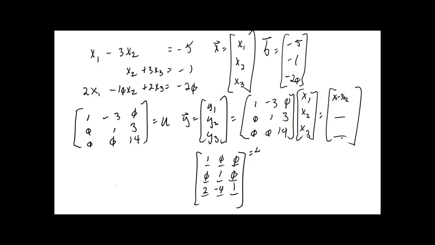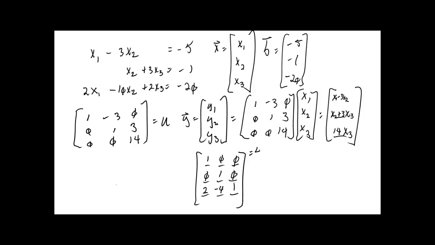I don't need any more room. Second entry is x2 plus 3x3. And the third entry is 14x3. Okay. Now, that's your y vector.